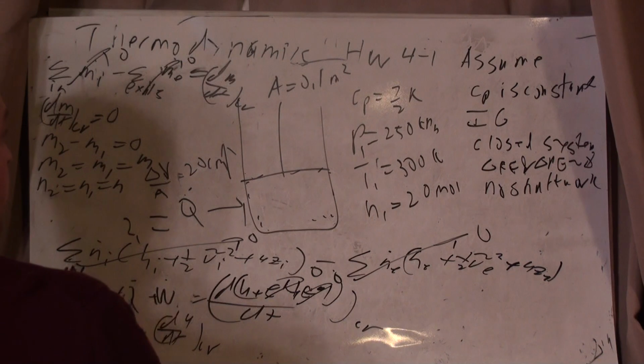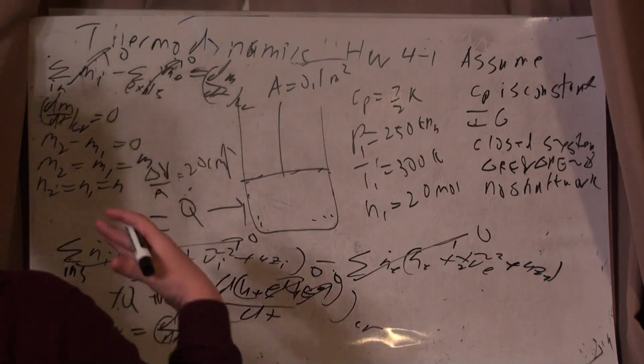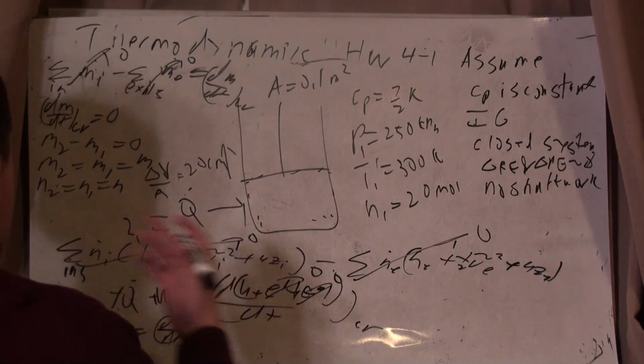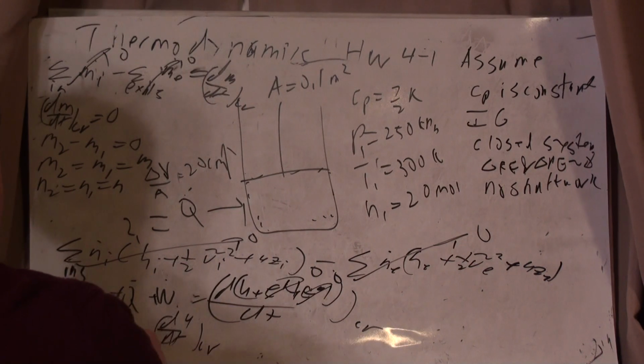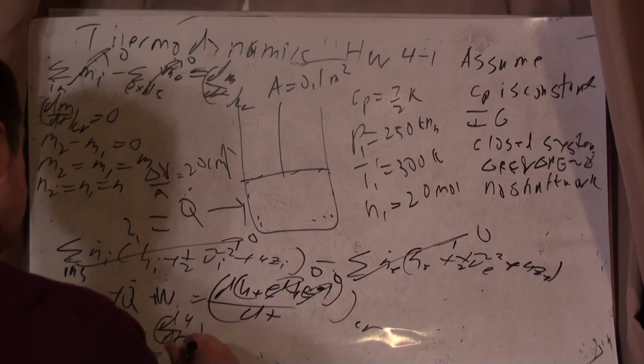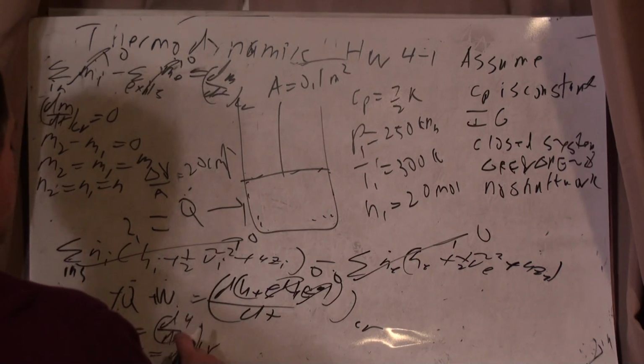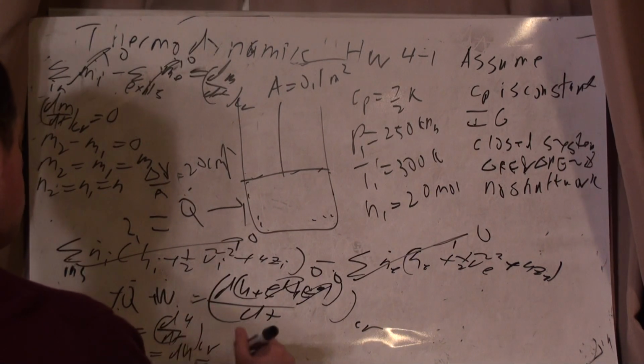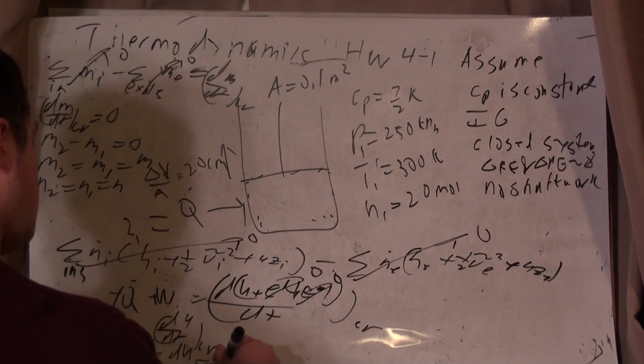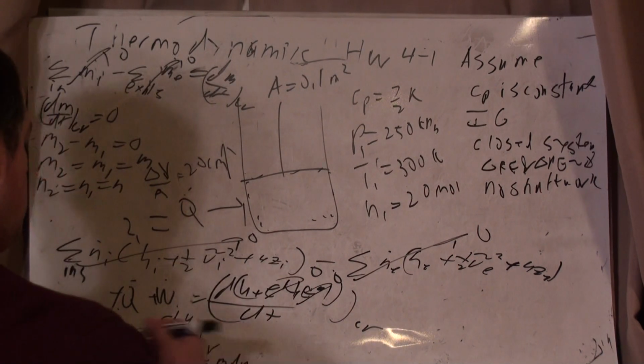So when I'm all said and done, I have Q dot plus work dot equals dU/dt of my control volume. I don't care about how long this takes, so I can just integrate this to say the total amount of Q plus the total amount of work is going to equal the change in U. Again, this is a capital U, not a small u, so it becomes m times delta little u.